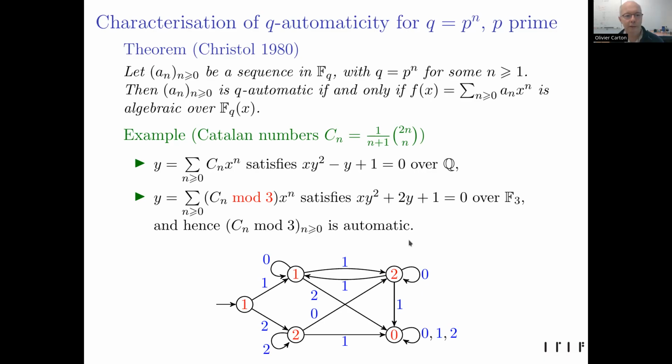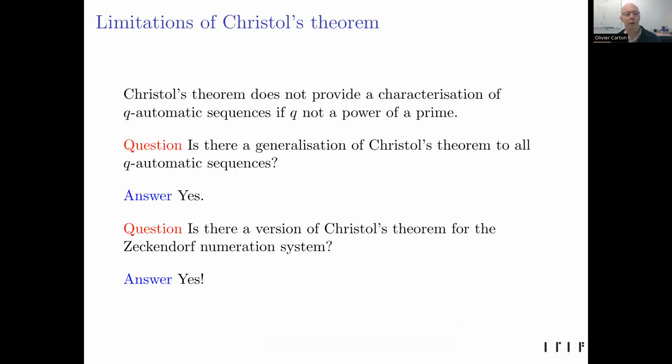Okay, so this theorem, as I told you, is really nice, but it still has a few drawbacks. First, it only works if the numeration system is a power of a prime, so you cannot take q equals 6, for instance.